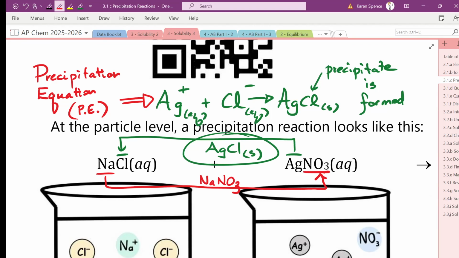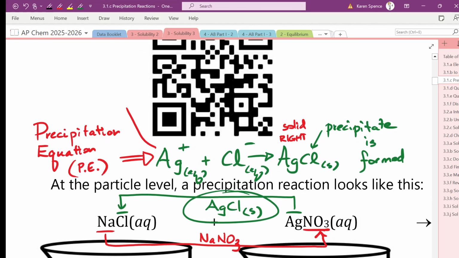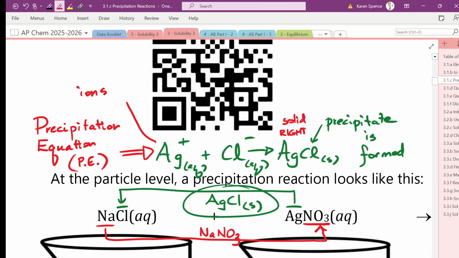And where did the solid go here? The solid is on the right, and the ions are on the left. Okay, so if you're writing a precipitation reaction, it's a one-way arrow. One way.